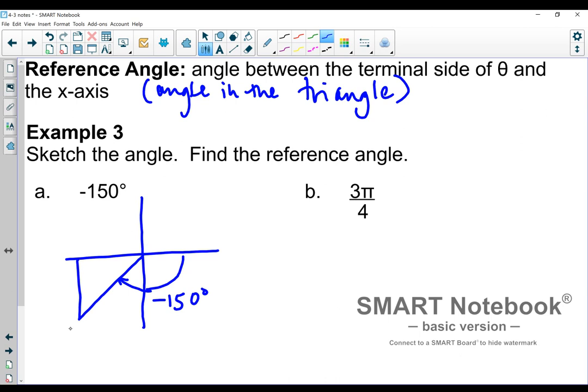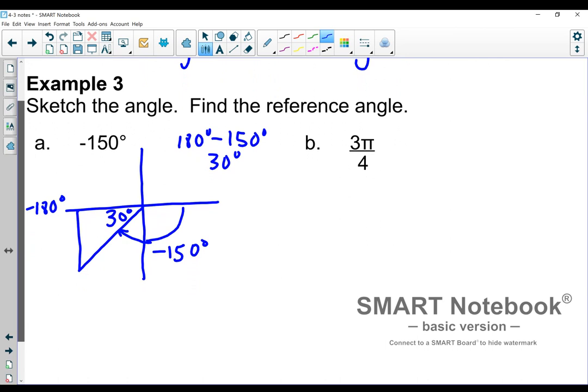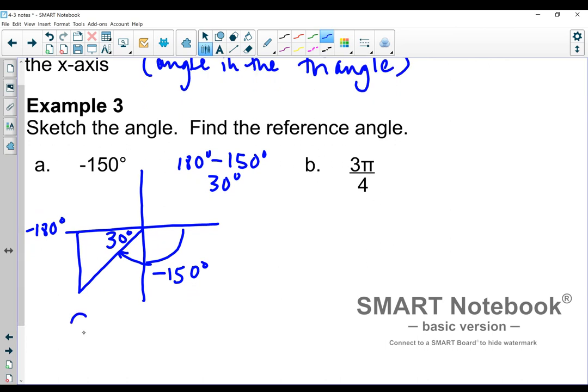If this line is at negative 150, but this is negative 180, I want to figure out the difference between those: 180 minus 150 would be 30 degrees. And so my reference angle is going to be 30 degrees. Then just to quickly label this, theta r equals 30 degrees.